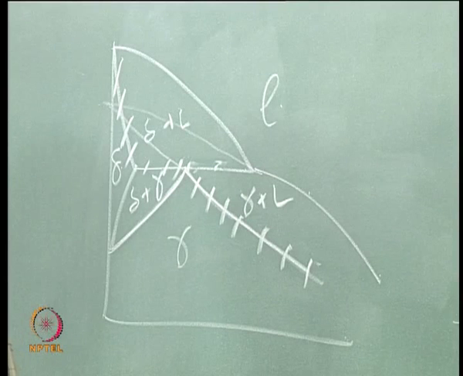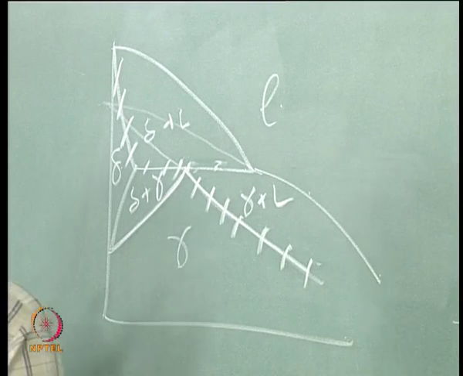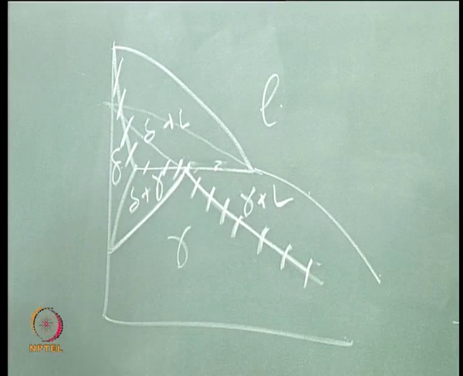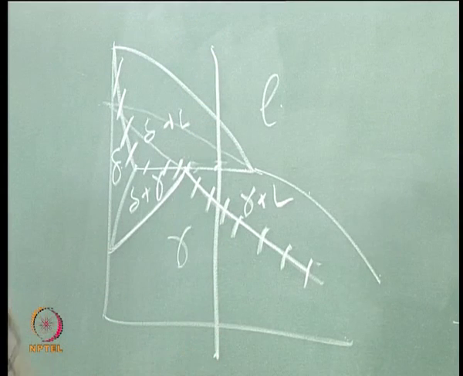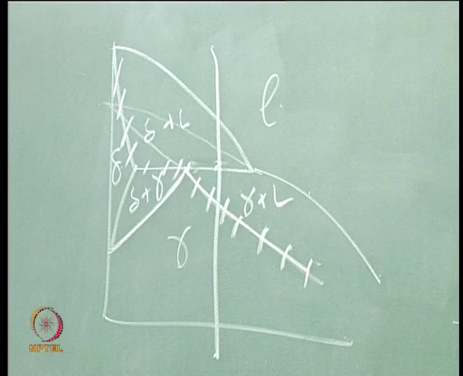Okay. So, what about this portion of the peritectic? That cannot be called as solidus. Okay, you are right. This is what differentiates between a eutectic and a peritectic.